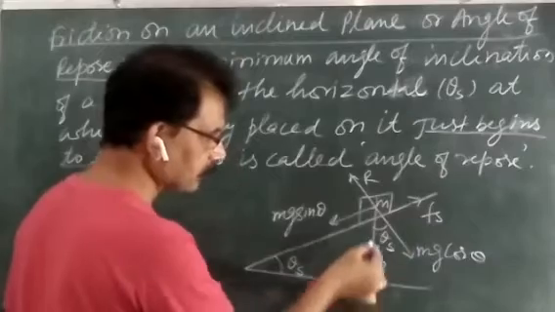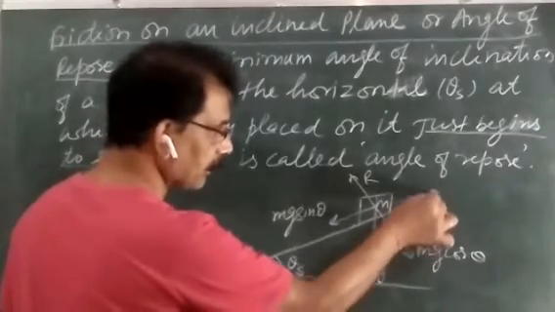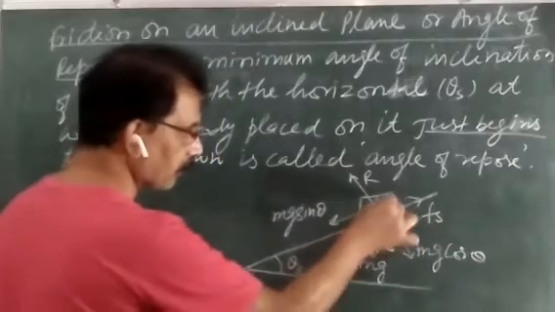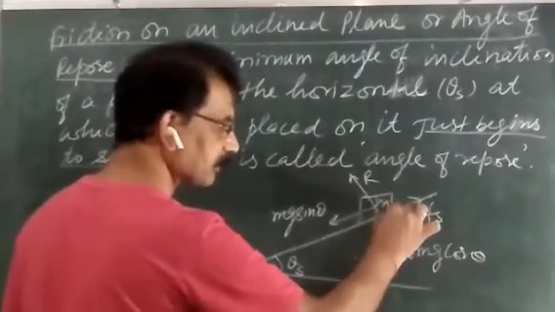So suppose this block is placed on this inclined plane, and suppose the mass of this block is m, so its weight mg will act downward. The reaction of this inclined plane on this block is the normal reaction, which makes an angle of 90 degrees with this surface.